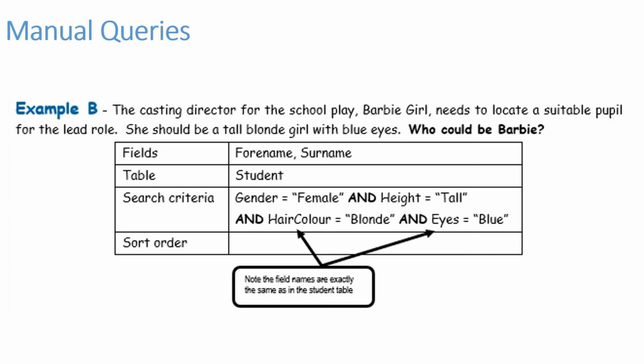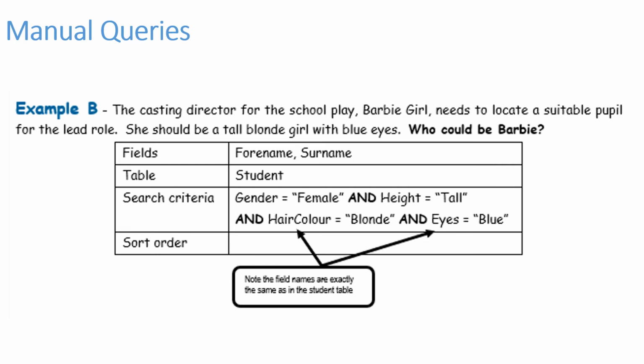And eyes are equal to blue. Now notice that all those search criteria are obviously stored as text, the fields that we're looking for. So gender, height, hair colour and eyes are all stored as text. So that's why we've got our quote marks around each piece of information. Note the field names are exactly the same as in the student table themselves. Okay, so as they appear on the big 76 record table, that's how we must write them in our searches.